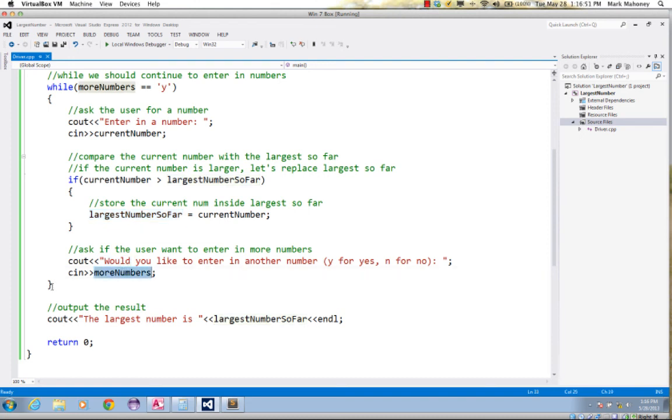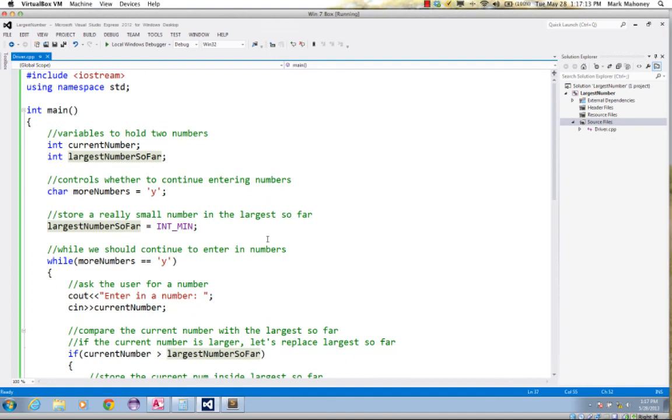If they typed in a Y, we're going to jump back up here and do this whole thing again. We're going to repeat this process until they say no, at which point we're going to print out that the largest number is inside the box called largest number so far. Don't worry if you don't understand every single piece of this right now. We're going to talk in great detail about all these little things in the next couple of lectures.